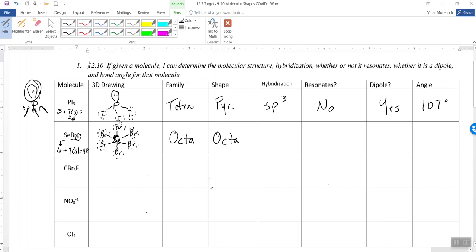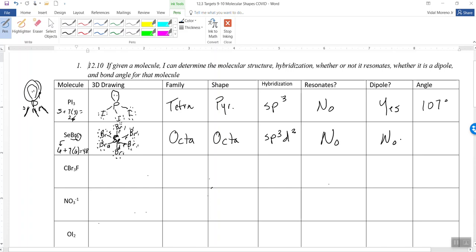Hybridization. S, P, P, P. That's it. You've run out of P's. D, D. sp3d2. Does it resonate? Is there a double bond? No. Is it a dipole? Are all the sides the same? Yes, all the sides are Br, so they're all the same.